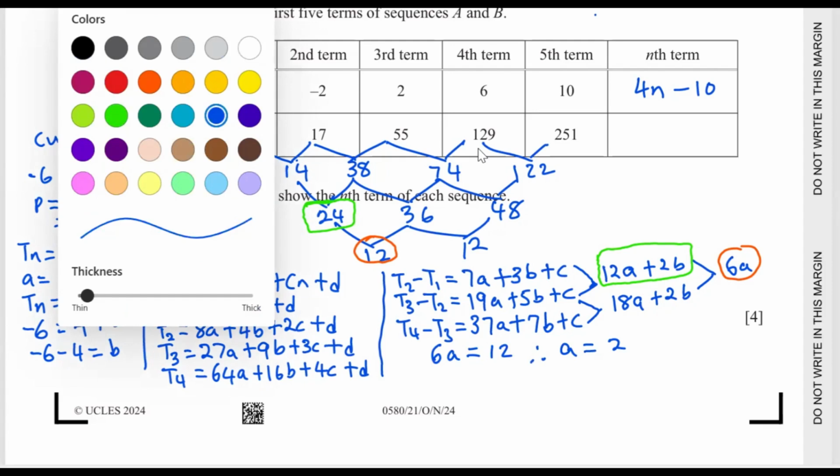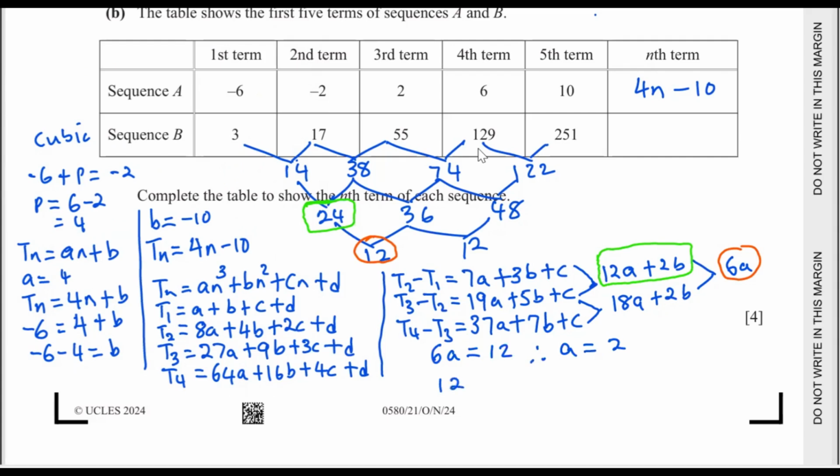So if you come there, we said 12a, and then we know the value of a as 2, plus 2b equals 24. So here we have 24 plus 2b equals 24. So here gives us 2b equals 24 minus 24, 0. Therefore, b becomes 0.